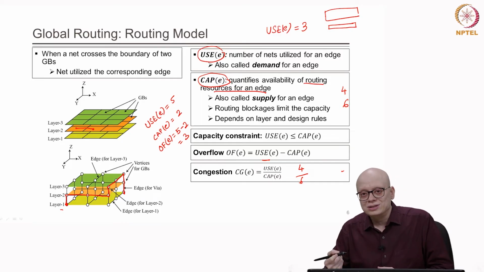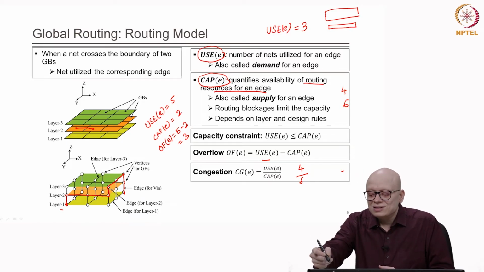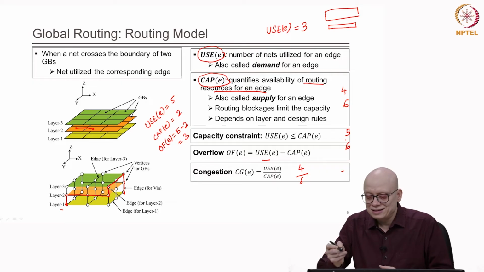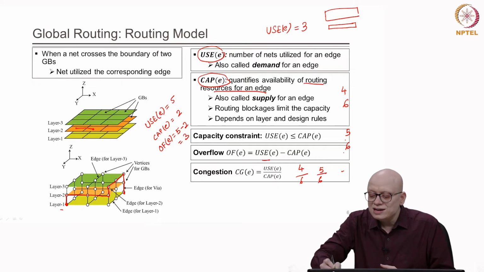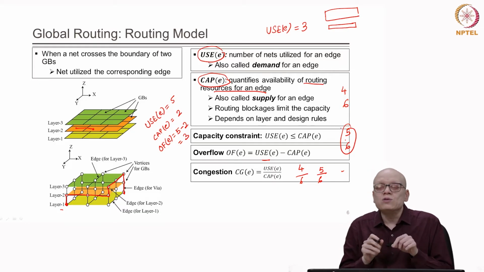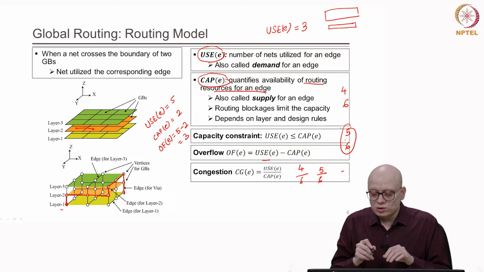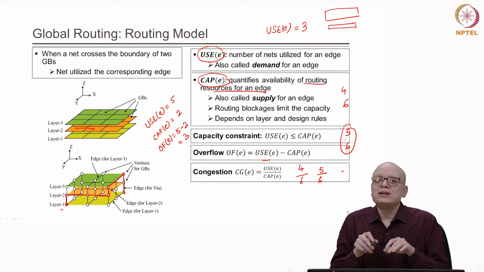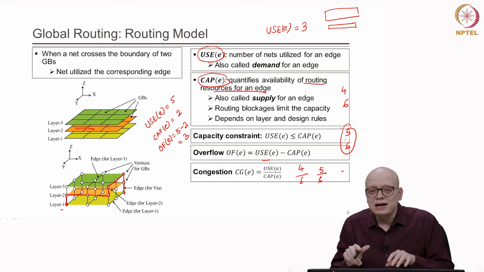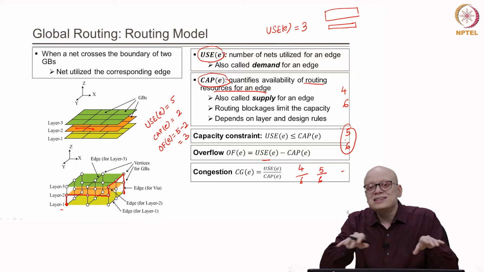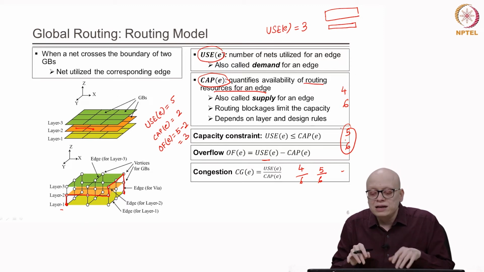In another solution, if the use was 5 and the capacity was still 6, then the congestion measure will be more in the second situation, right. So, we can quantify what fraction of the resources are being utilized by looking at the congestion measure, and typically we try to reduce the congestion in our design by spreading out the routing use such that it is evenly used over the layout.